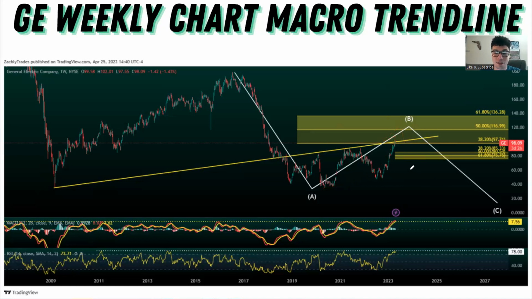Because the MACD is so high, the RSI is also extremely high, at levels we haven't seen since 2011. It's 2023, so the RSI is at peaks it hasn't seen in over 12 years. If you take a look, this was the last peak and we had a sharp drop to the downside afterwards. Then over here, when we came back and retested those levels, we had another sharp drop. Over here, the MACD was at those levels.